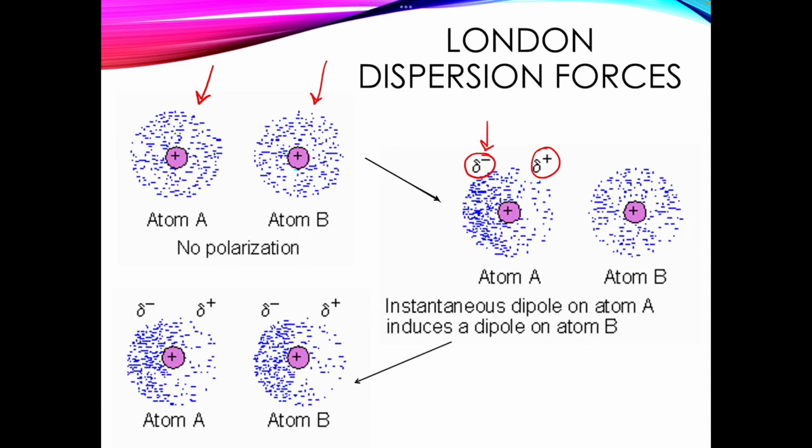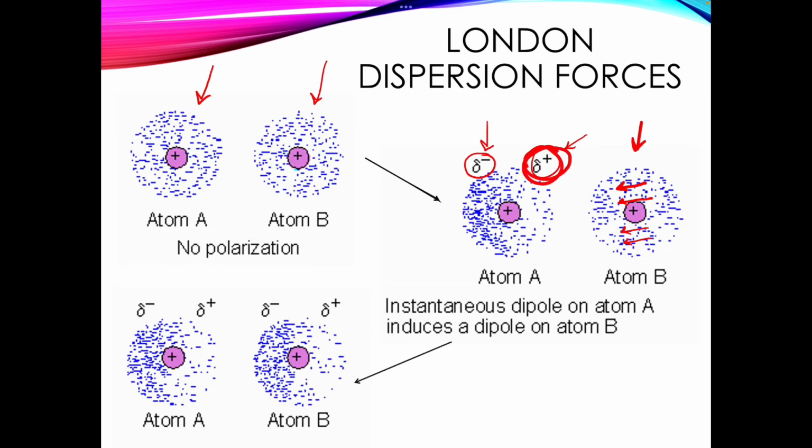So within this one atom, we're getting a dipole, right? When that happens, remember, electrons are negatively charged. And if they see this positive charge here, the electrons are going to move, because negatives and positives attract.